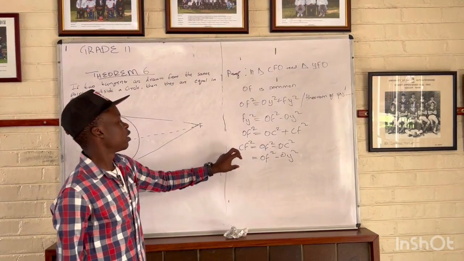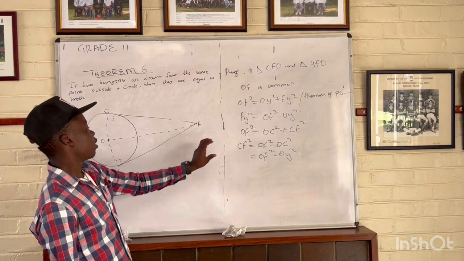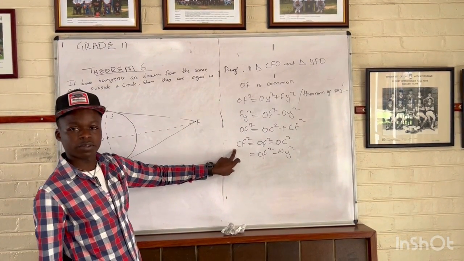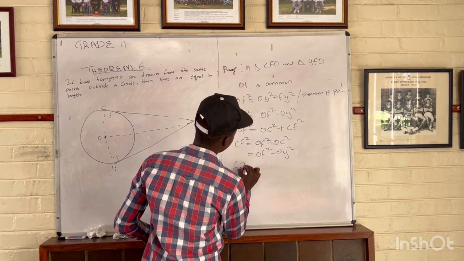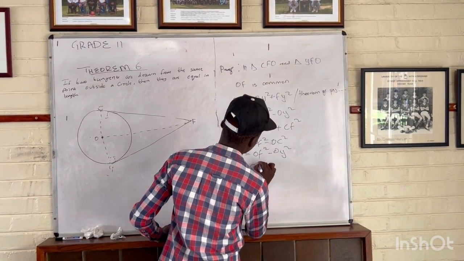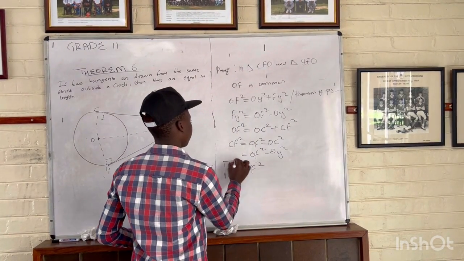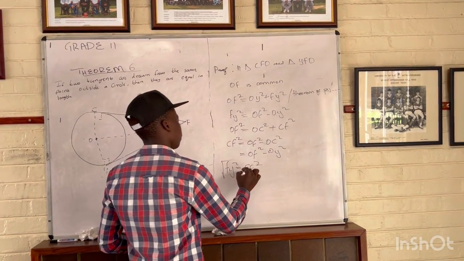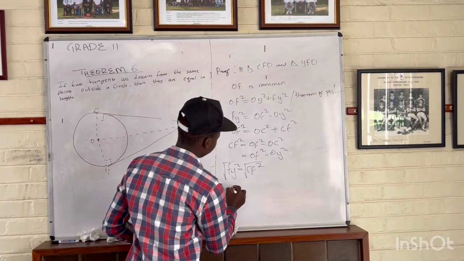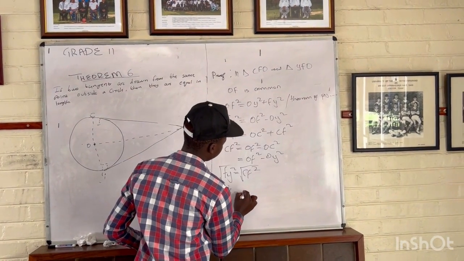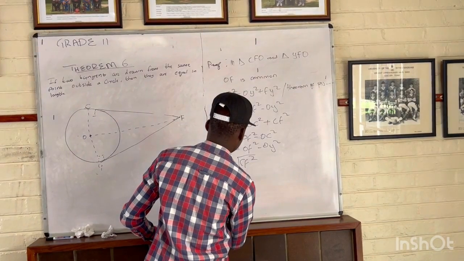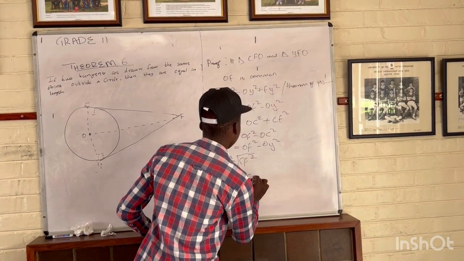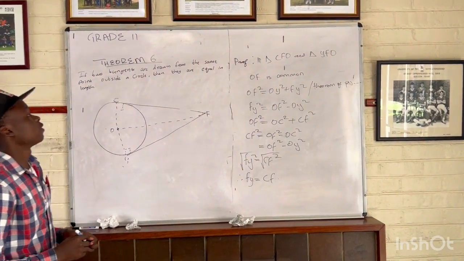Therefore, FY squared equals CF squared. To remove a square, we take the square root. Therefore, we're left with FY equals CF. We're done with theorem number 6.